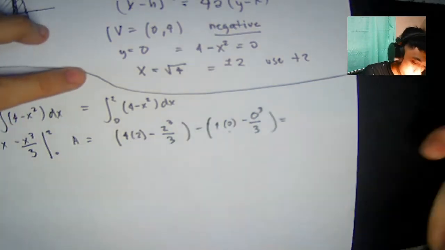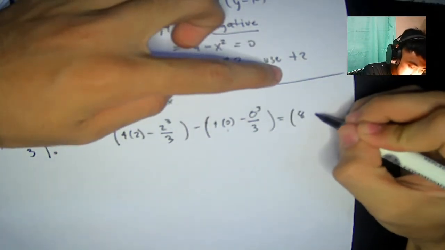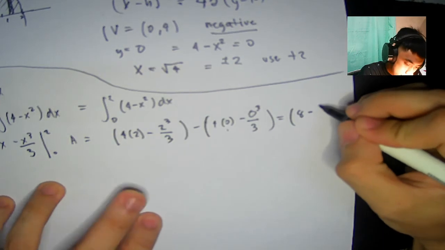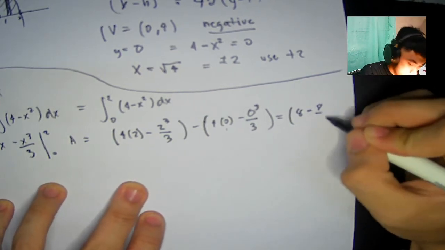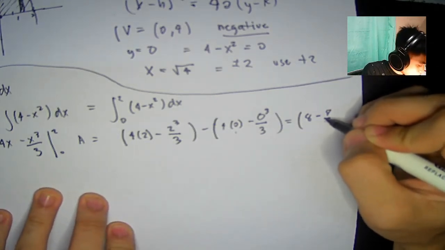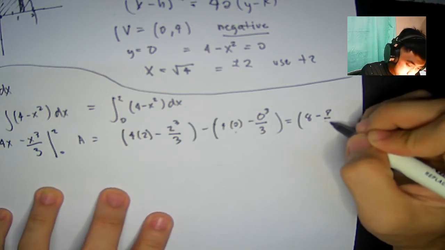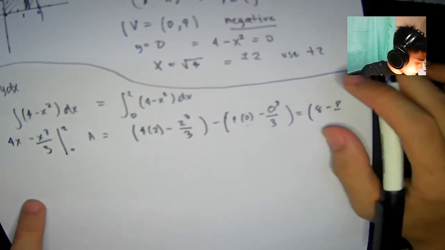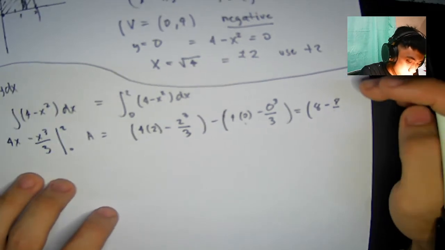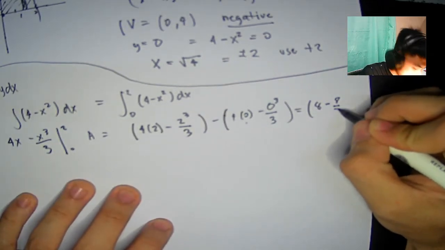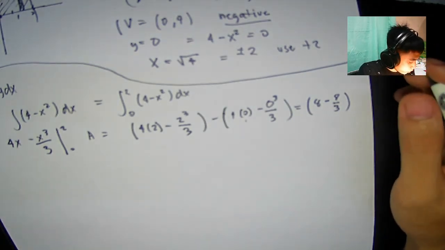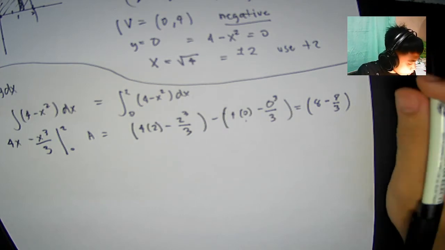So 4 times 2 becomes 8 minus 2 cubed over 3.